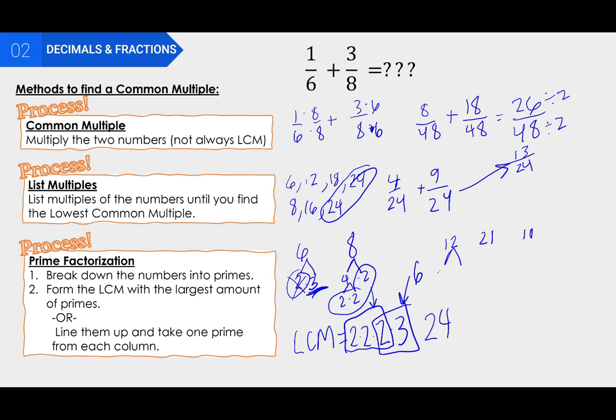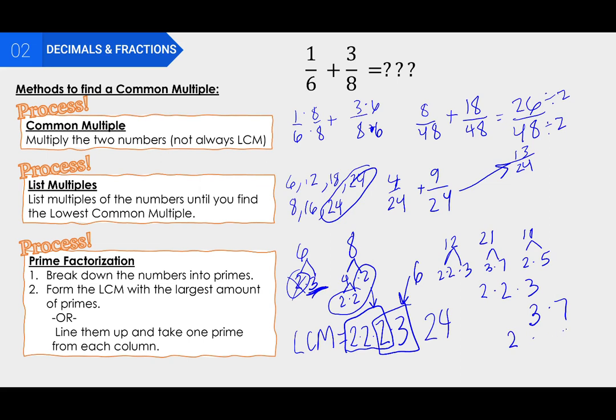So 12 is 4 times 3, that's going to be 2 times 2 times 3. 21 is 3 times 7. And 10 is 2 times 5. So I'm going to show you the lineup method now instead of just taking the largest amount of primes.